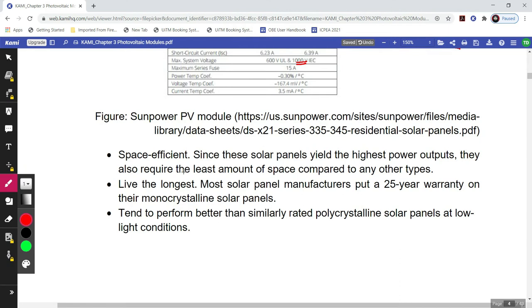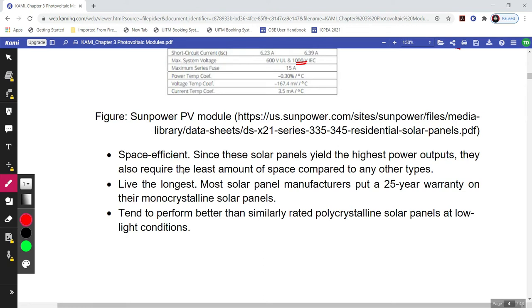Okay, space efficient. For this monocrystalline, of course, the size is small with the same power. The size is smaller than polycrystalline and thin film. Since this solar panel yield the highest power output, they also required the least amount of space compared to any other types.